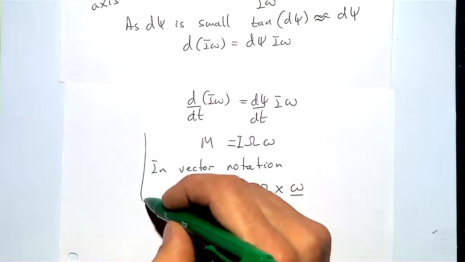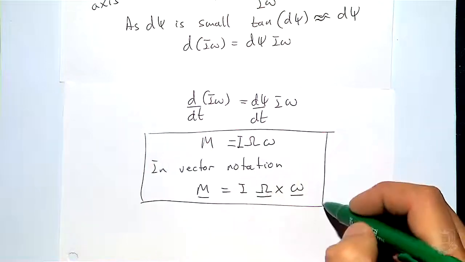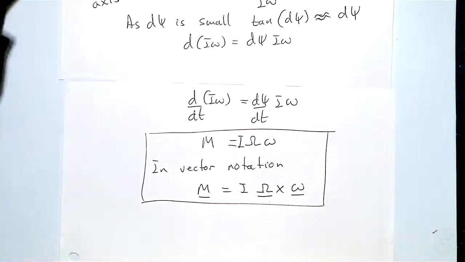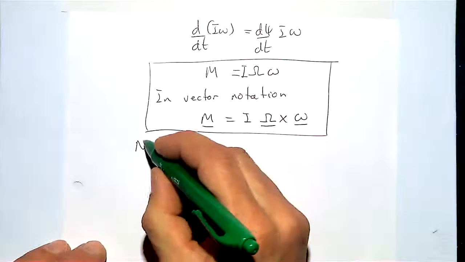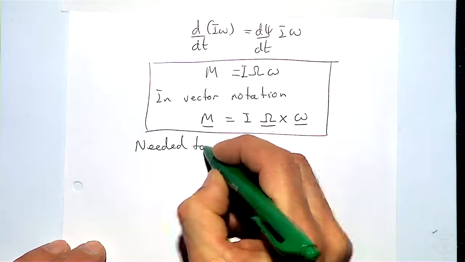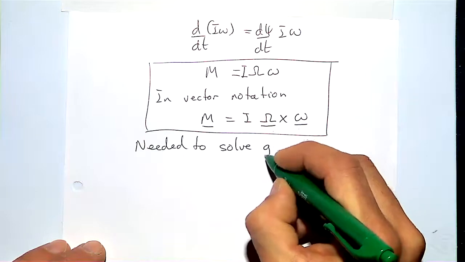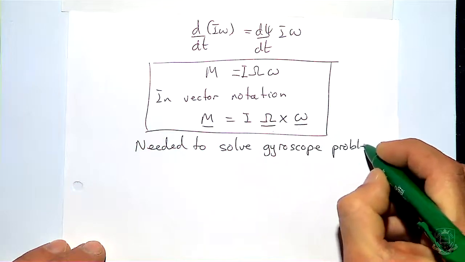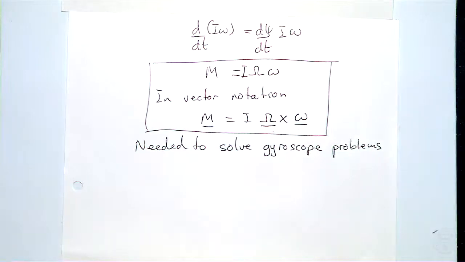And so these equations, this is what you need to solve gyroscope problems. What it says is that the gyroscopic moment, M, is equal to the moment of inertia multiplied by the cross product of the precession rate with the spin rate.